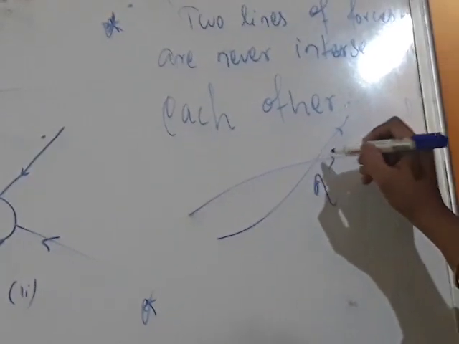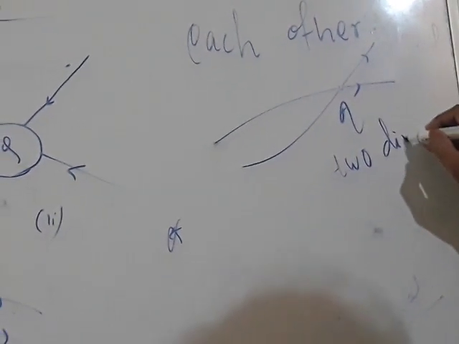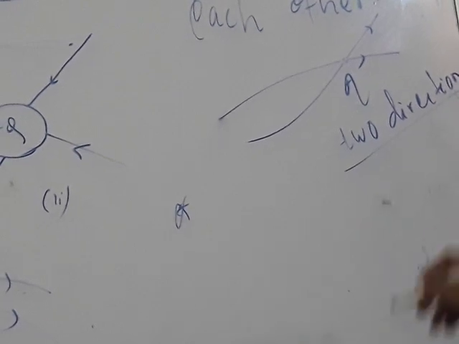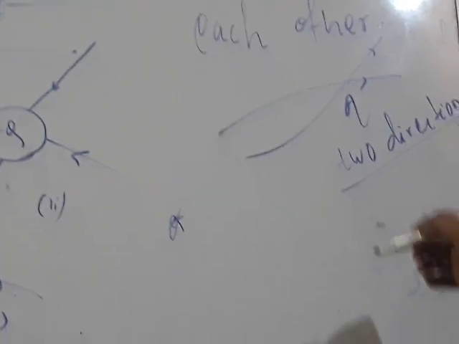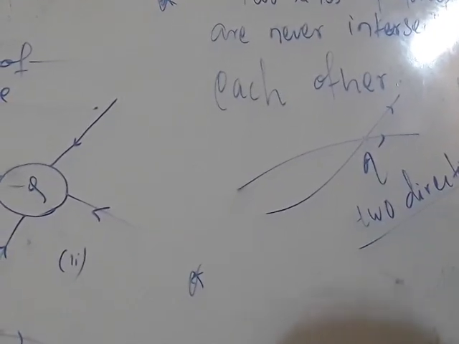So when two lines of force intersect each other, then at a common point there would be two directions of the same electric field intensity, which is impossible.